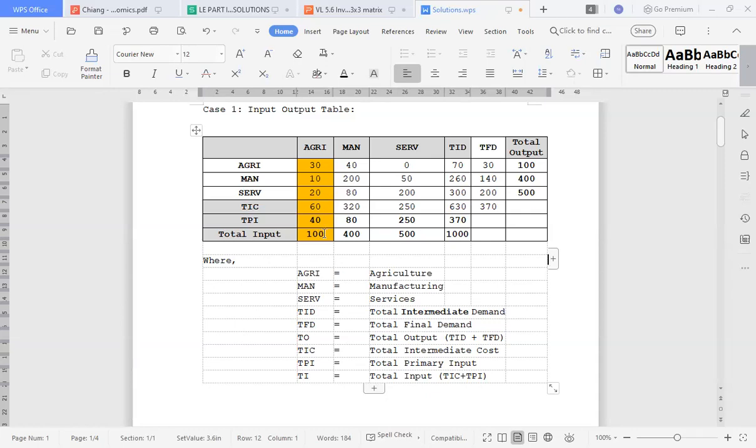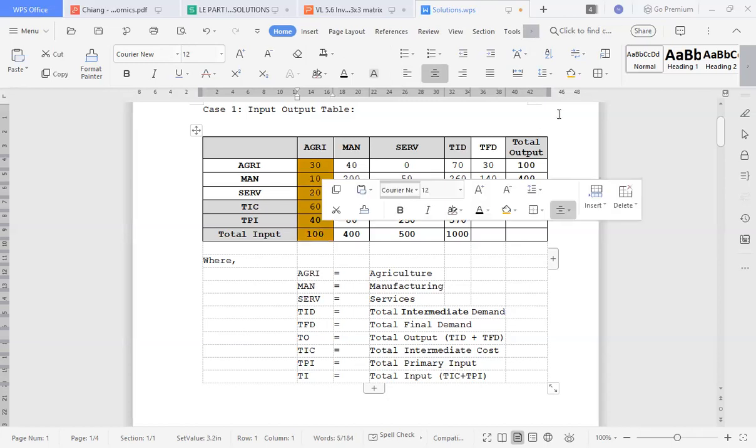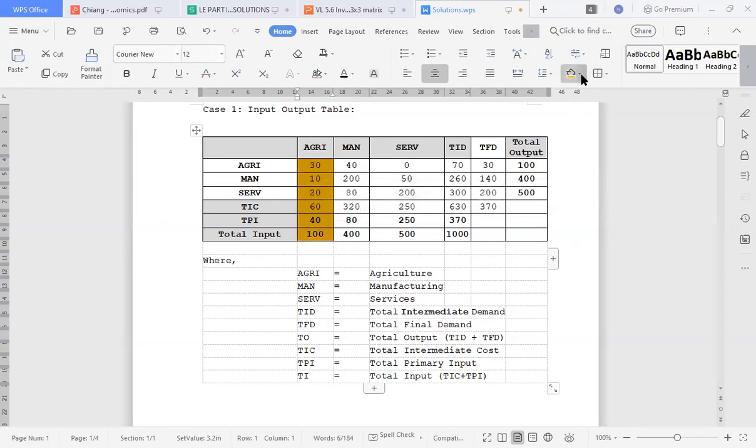The input that we'll be using should be coming from 30 from agriculture, 10 from manufacturing, and 20 from services. So I think you see the pattern already. So you can just do the same for services. Again, just still pertaining to total input.